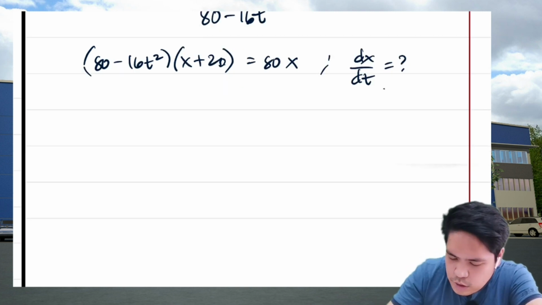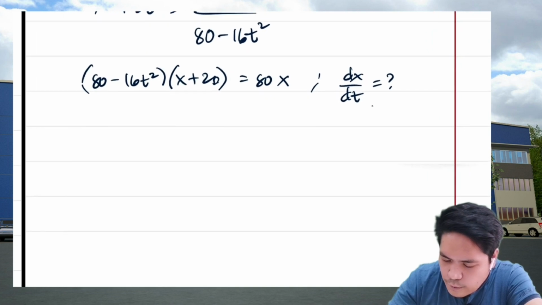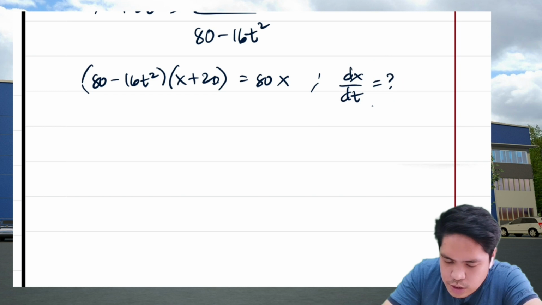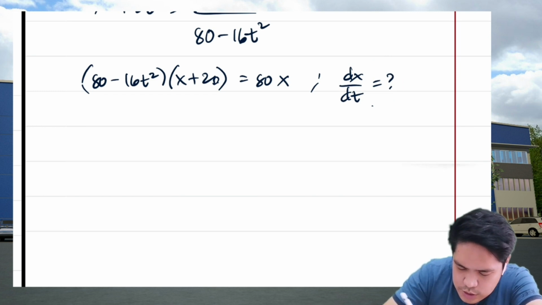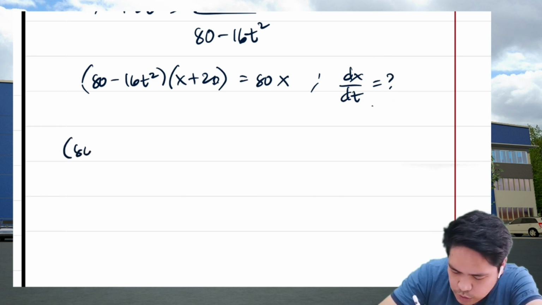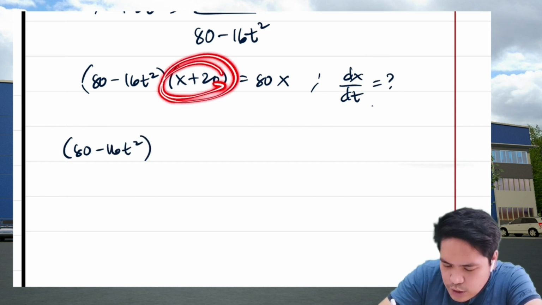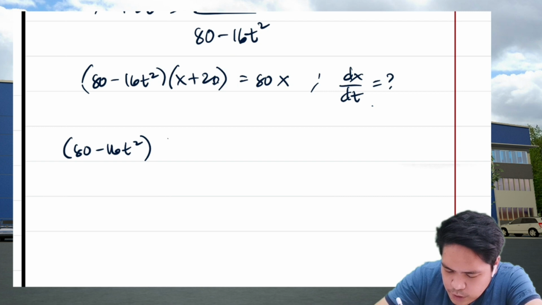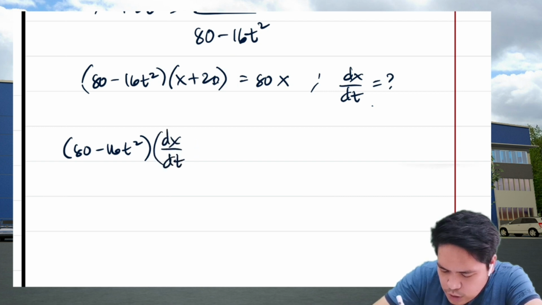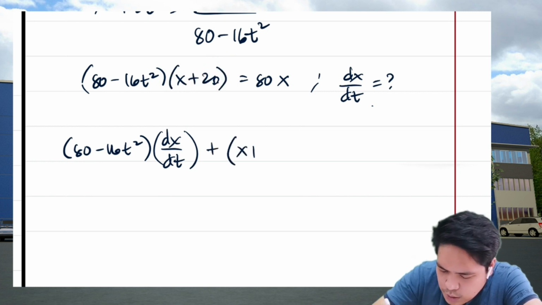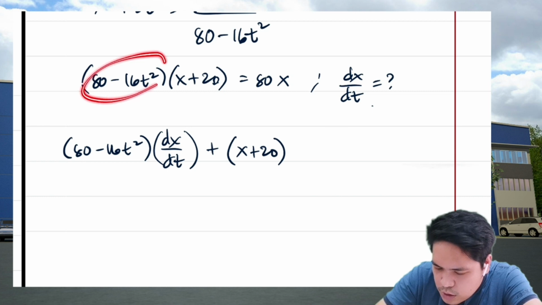Let's copy the first factor, 80 minus 16t squared, times the derivative of x plus 20 with respect to time, so that would be dx over dt plus 0. Plus, copy the second factor, x plus 20, times the derivative of the first factor with respect to time.